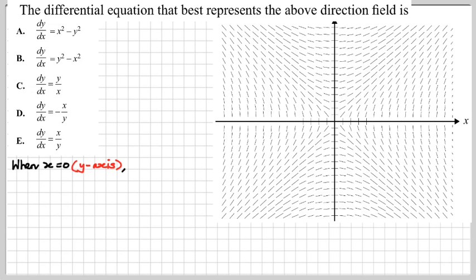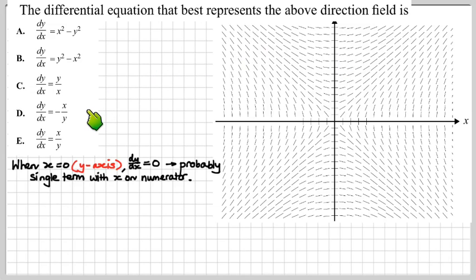So, as I've said in my explanation, when x is 0, which is the y-axis, dy/dx equals 0, right? All along there, where x is 0. So that tells us, as we'll see in a moment, probably a single term with x on the numerator, because if dy/dx is 0 when x is 0, that's like having x in the numerator, isn't it?